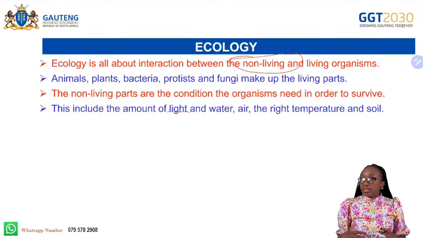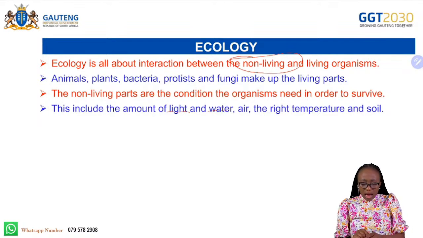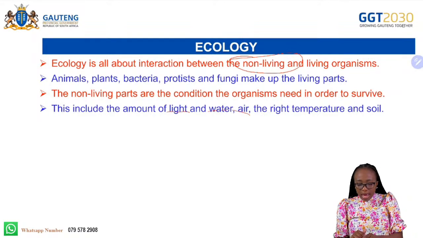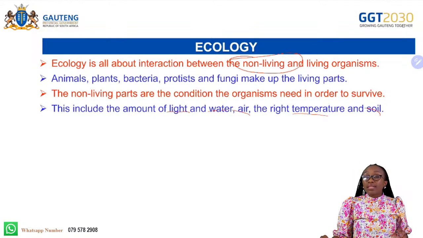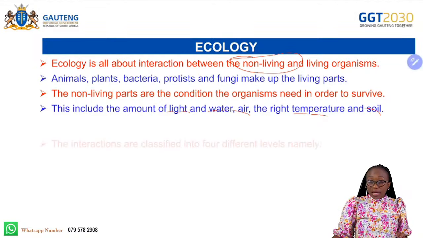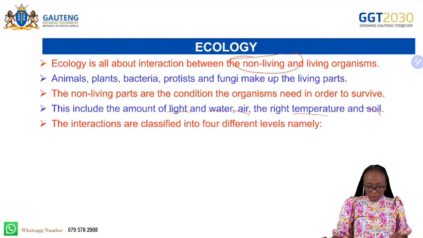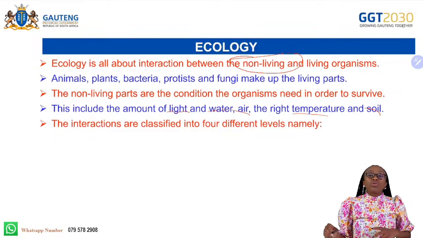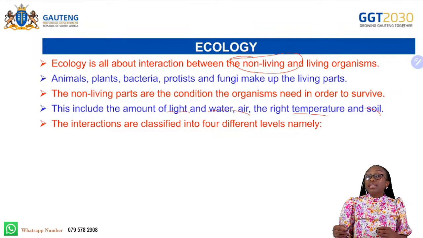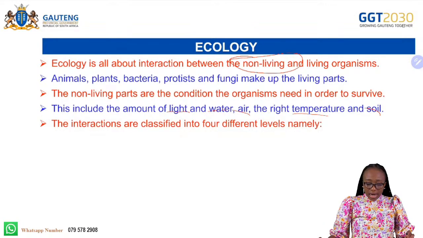How much sunlight is the place getting? Water, how much water is there? Air, and the right temperature and soil. These are the non-living parts that living organisms interact with.